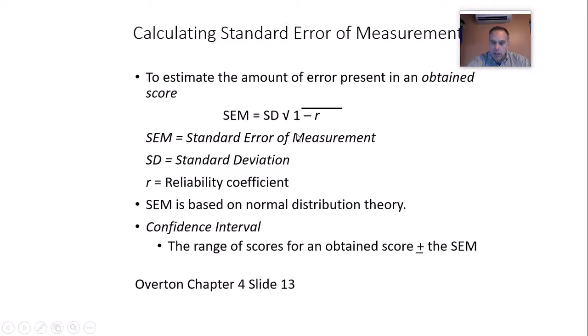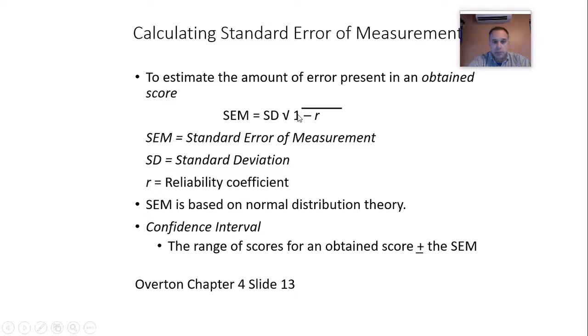The way that I made sense of this, at least, was that if this number is extremely close to 1, then 1 minus 1 is 0, the square root of 0 is 0, or at least close to it, and then whatever your standard deviation times a number approaching 0 will make this number very small, so your standard error of measurement will be small.